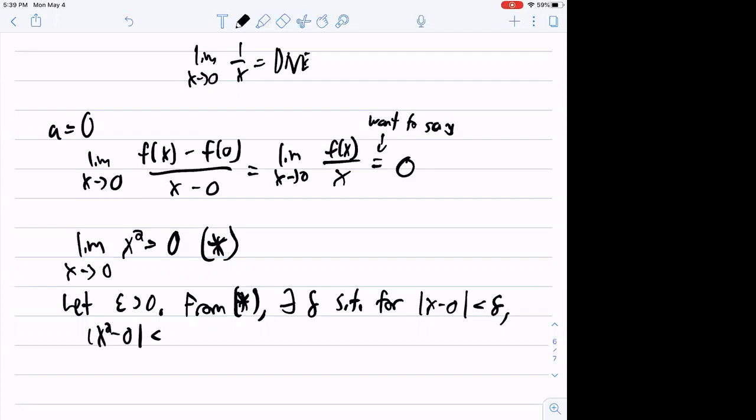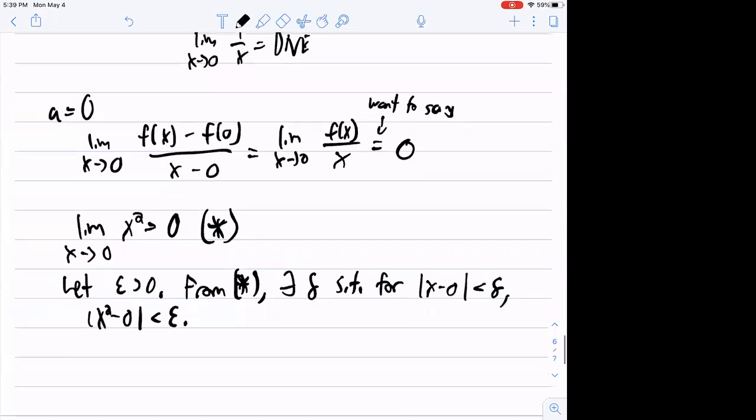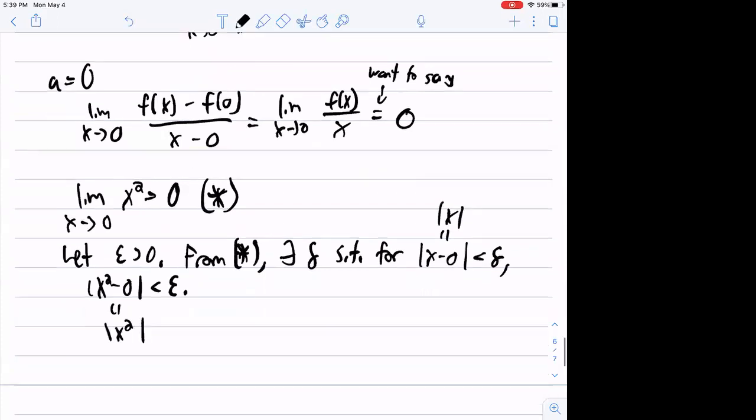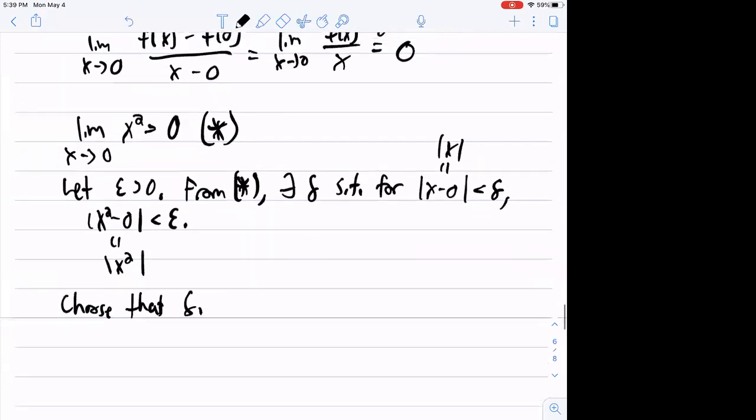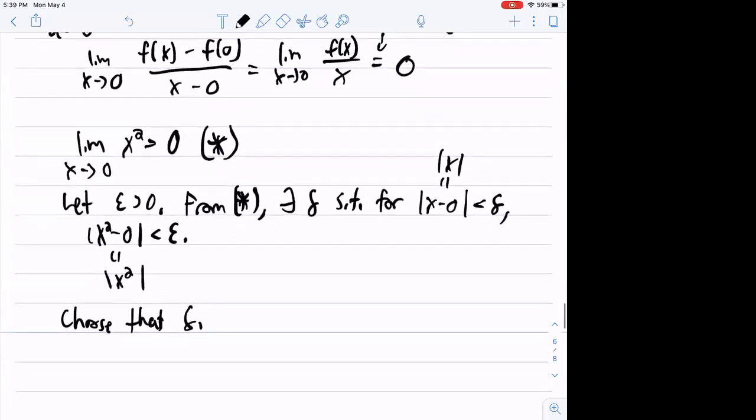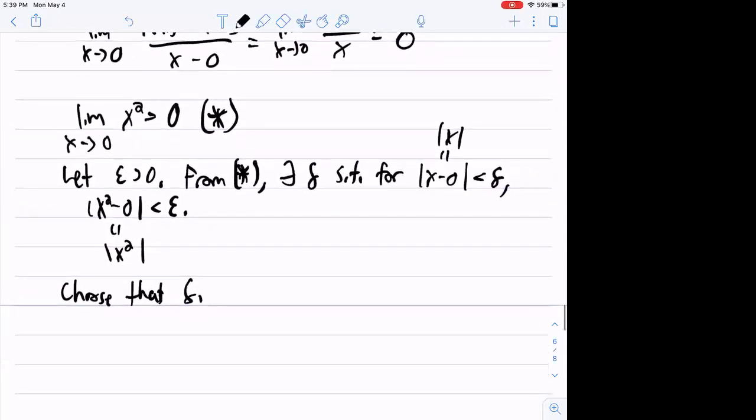Technically, you don't need the 0. So choose that delta. Then in either case we have the limit as x goes to 0 of f of x over x, right?